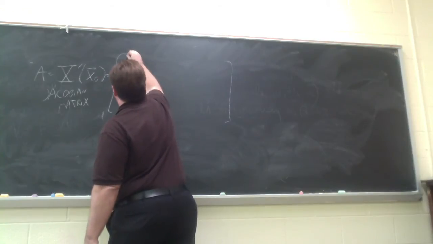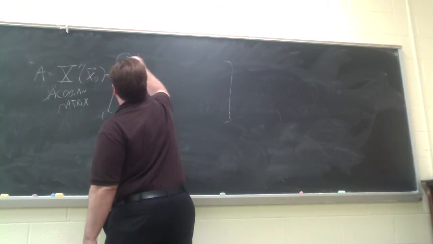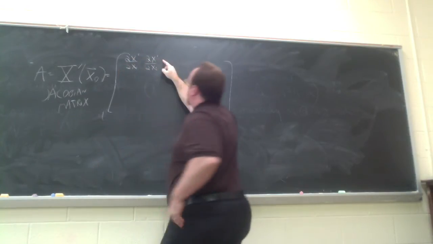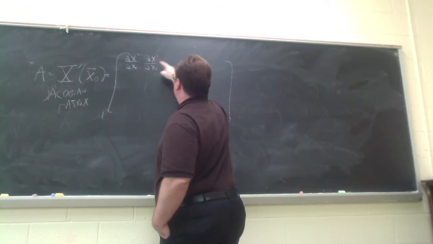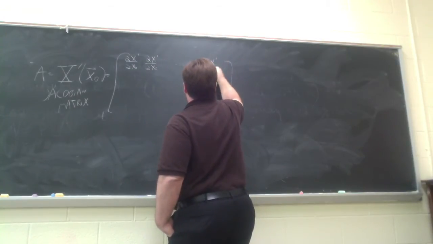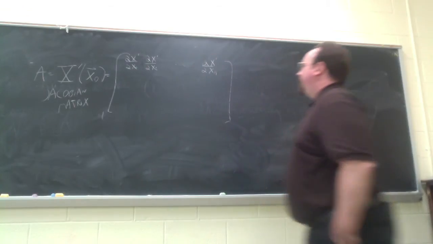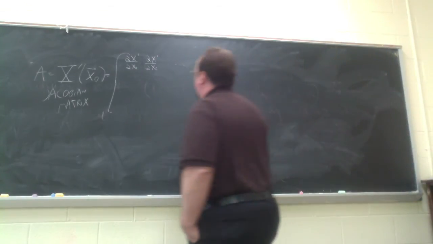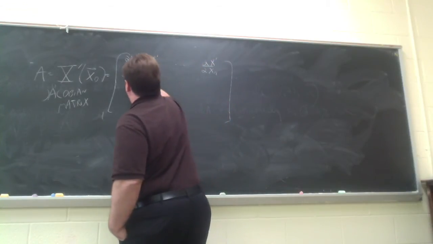So for each row, we're taking partial derivatives of one of the component functions. In this first row, taking the partial derivatives of just x1, the first component, with respect to all the independent variables, x1, x2, up to xn. And then, next row, I go to the second component function.